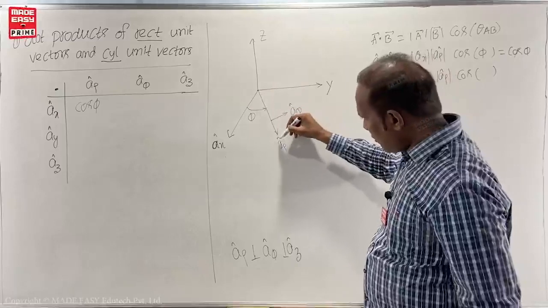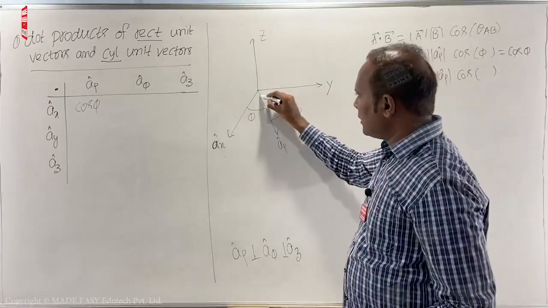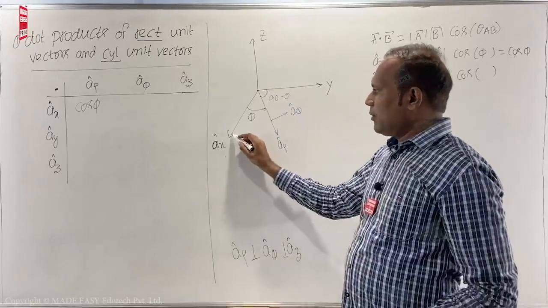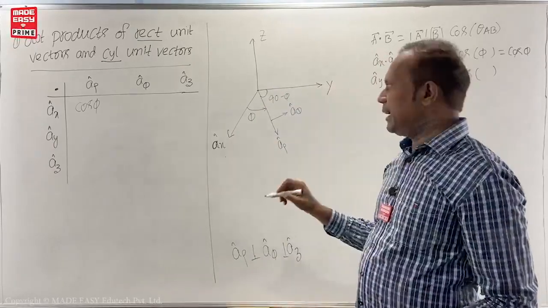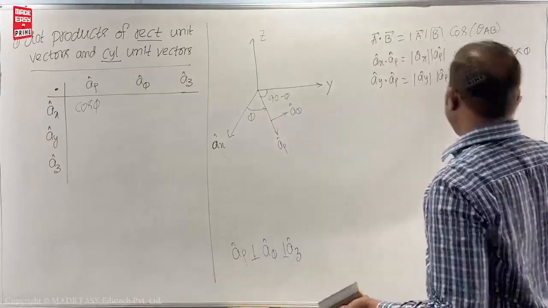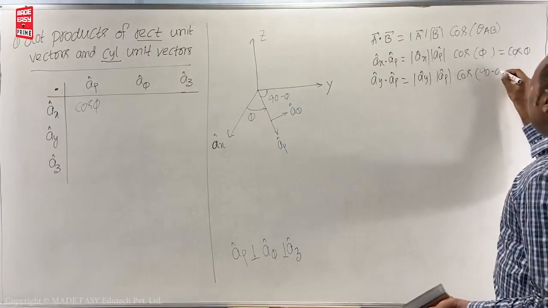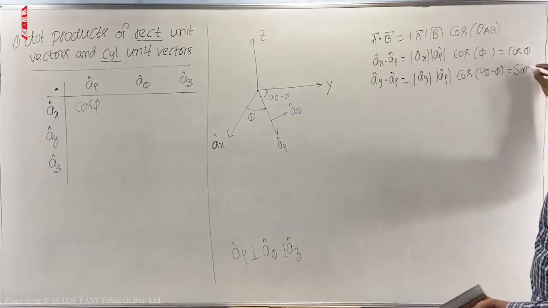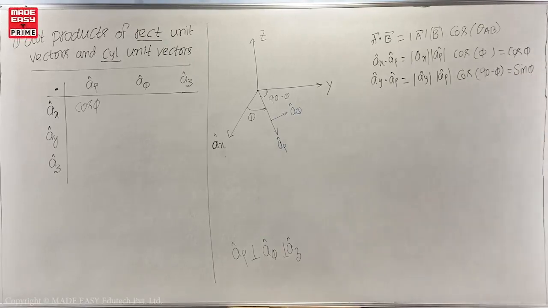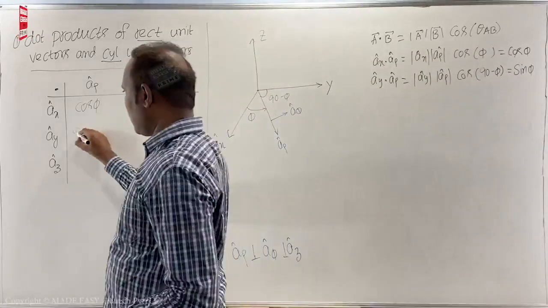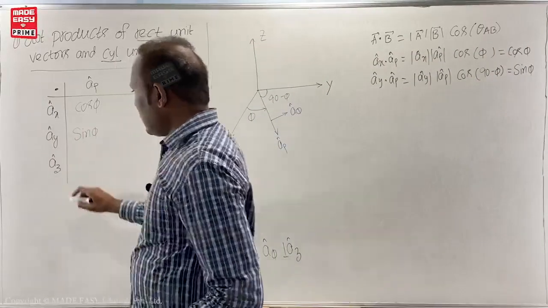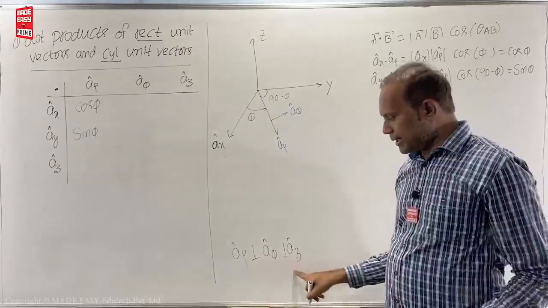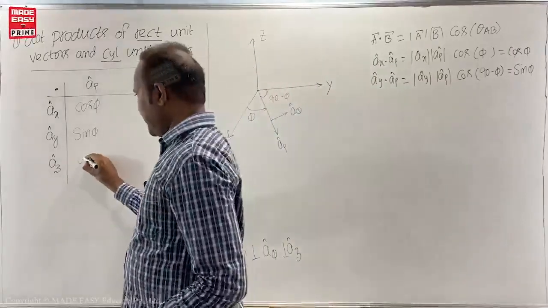That angle is 90 minus phi, because the angle between the x-axis and the y-axis is 90 and this is phi. Cos of 90 minus phi, in the first quadrant, gives sin phi. So here we have sin phi. Now az dot a rho: the angle between az and a rho is 90, so the answer is 0.